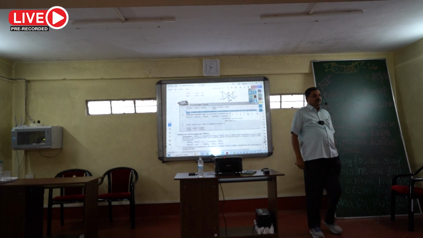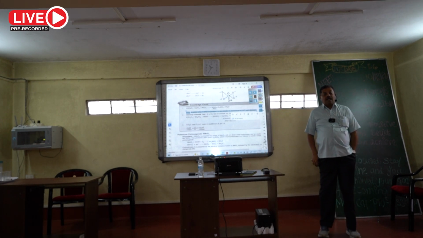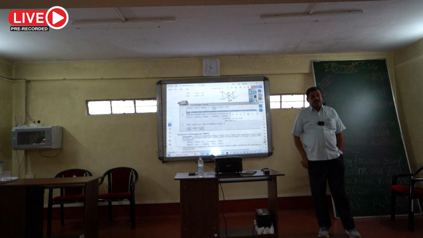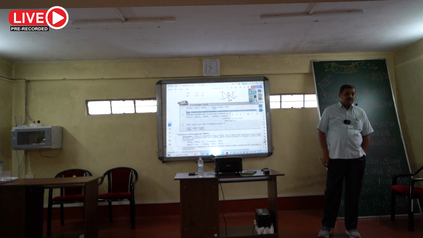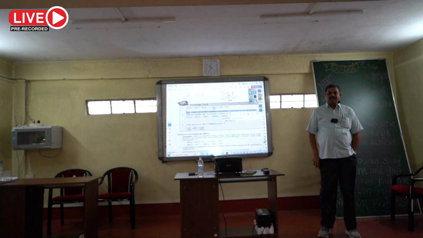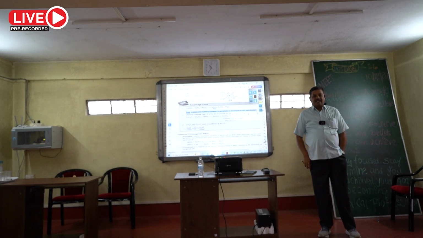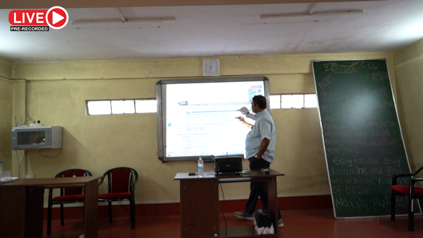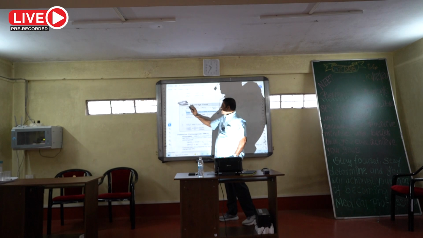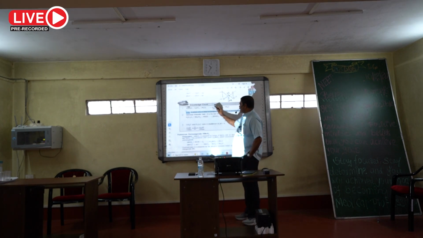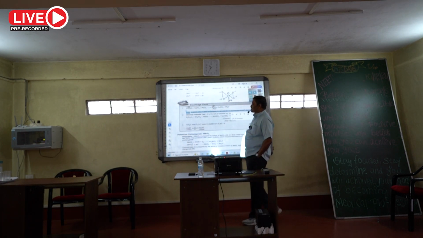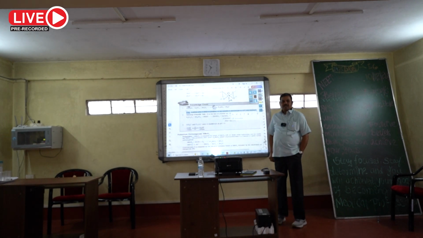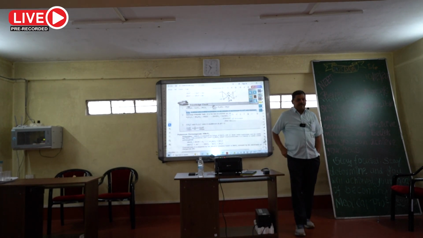So when potassium dichromate reacts with hydrogen peroxide in acidic medium, the blue color chromium peroxide formed will have the same oxidation state as in the reactant potassium dichromate. So here Cr is +6. Here also Cr is +6. There is no change in oxidation number of chromium.